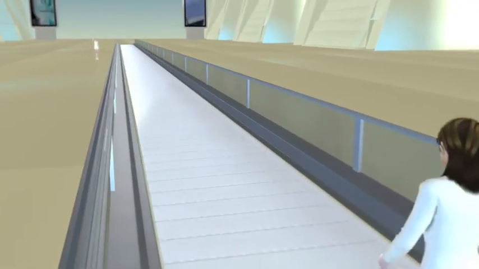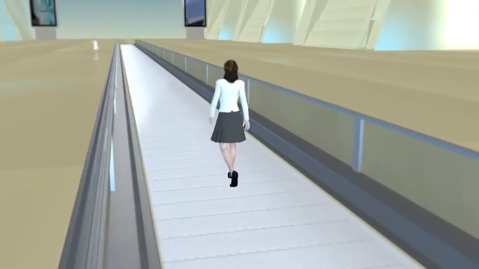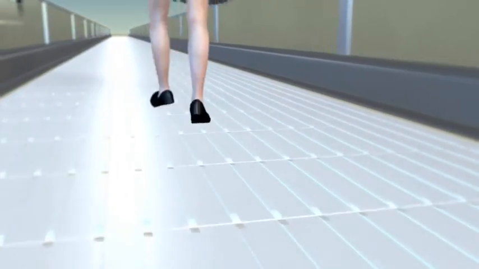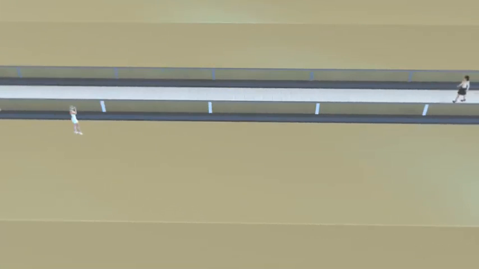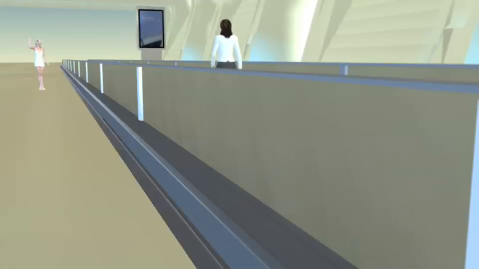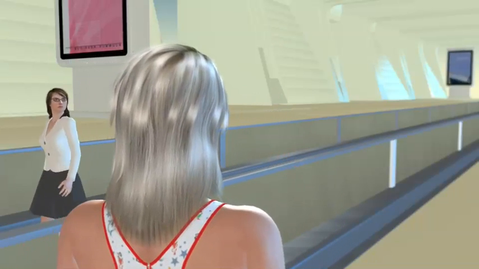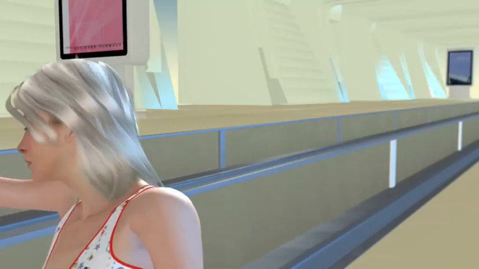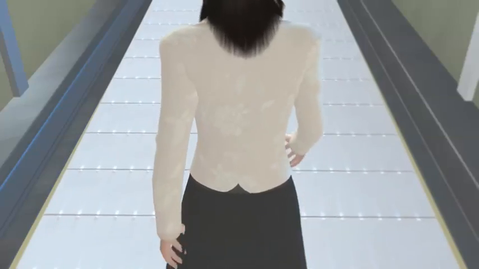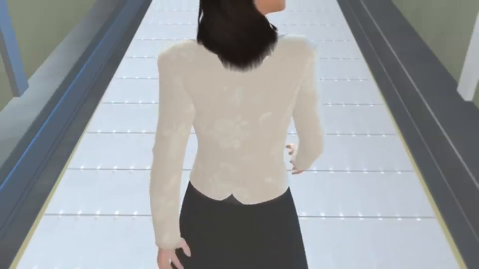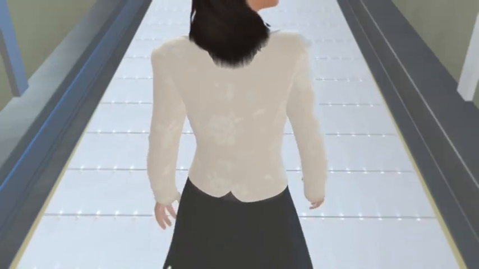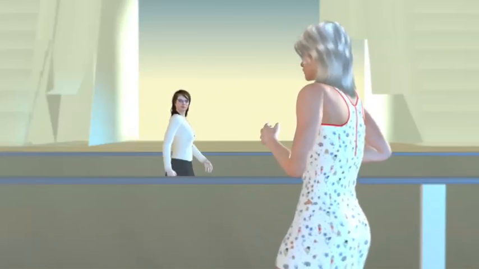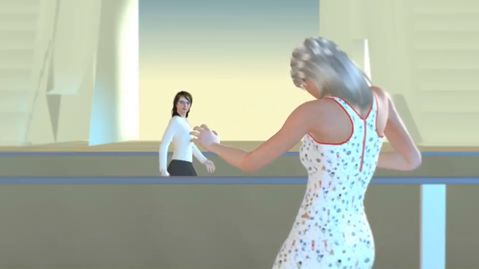If Susan walks on the walkway at 3 miles per hour, she can accurately say she is walking at 3 miles per hour. But Sarah sees her moving at 6 miles per hour. And if Susan walks against the walkway at 3 miles per hour, Susan can still say she's walking at 3 miles per hour.